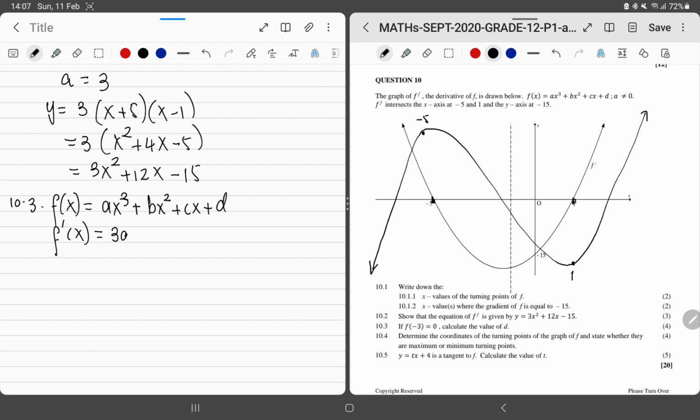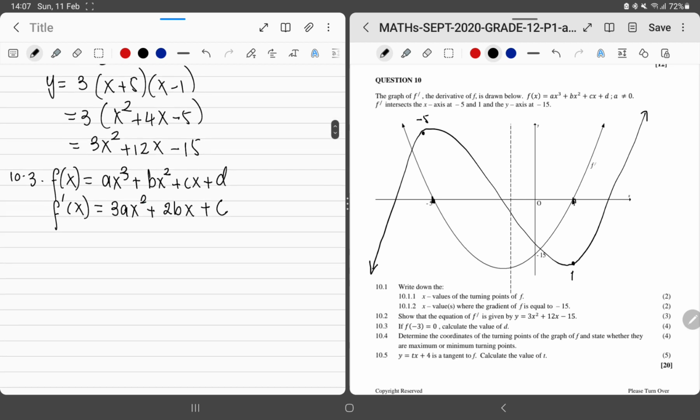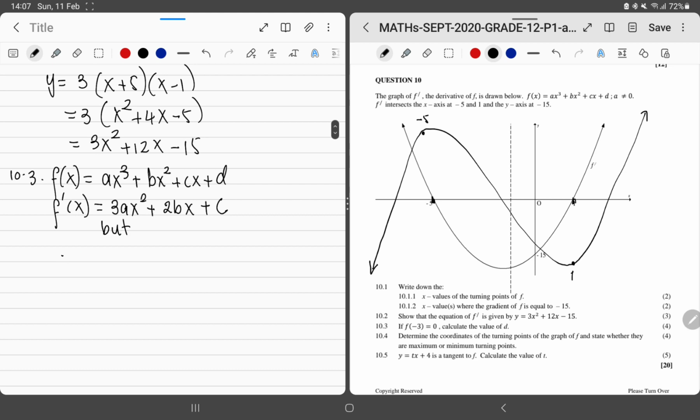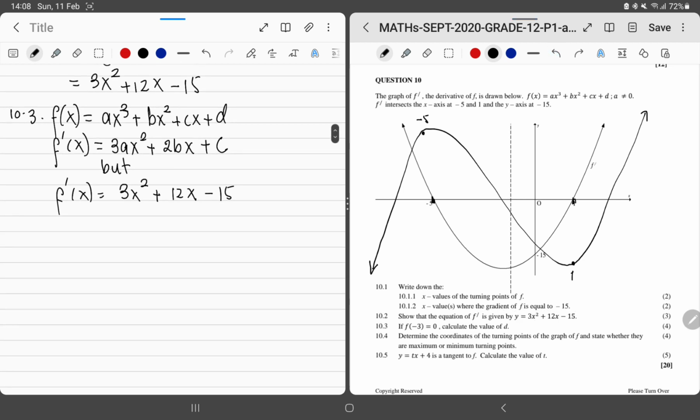So this is going to be 3ax squared plus 2bx plus c. But remember that f prime is given by 3x squared plus 12x minus 15. They told me that f prime is that.